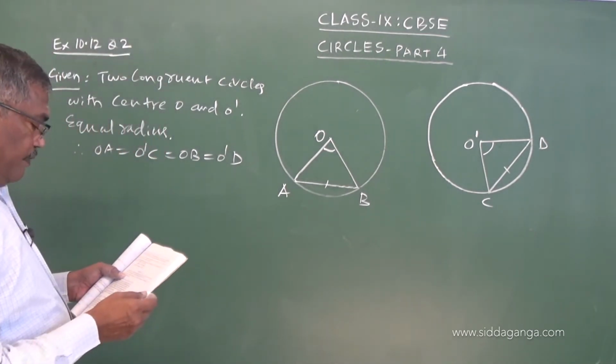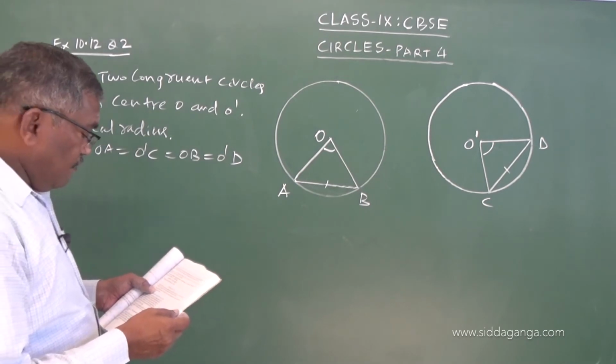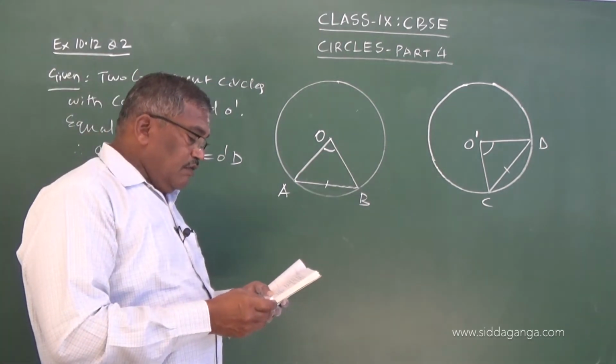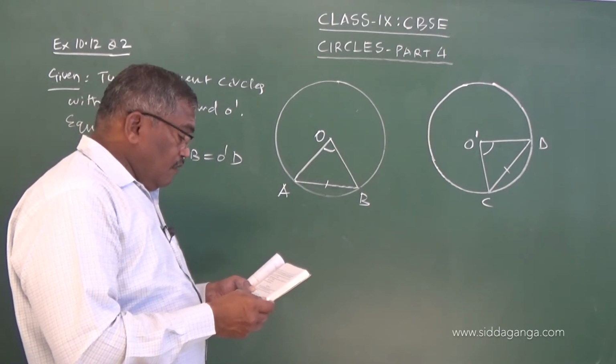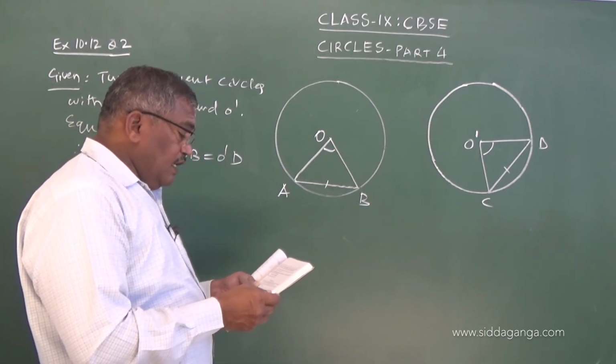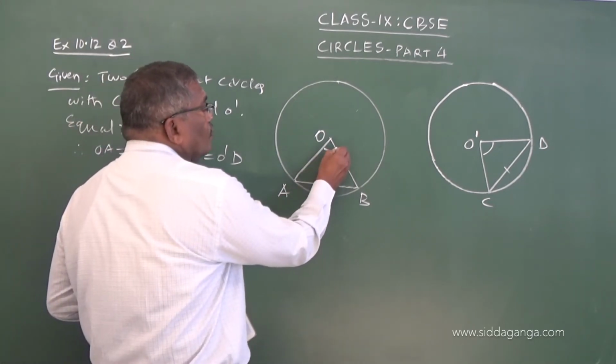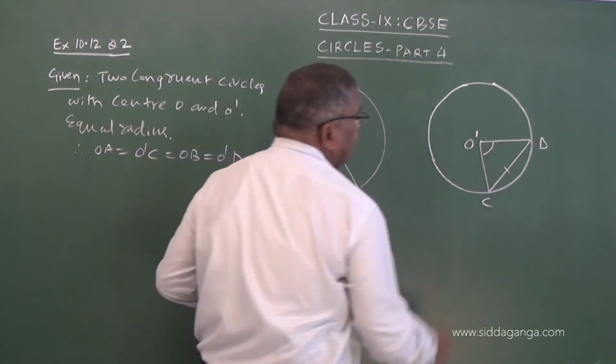Next, prove that if the chords of congruent circles subtend equal angles at their center, then the chords are equal. So here the angles are given.